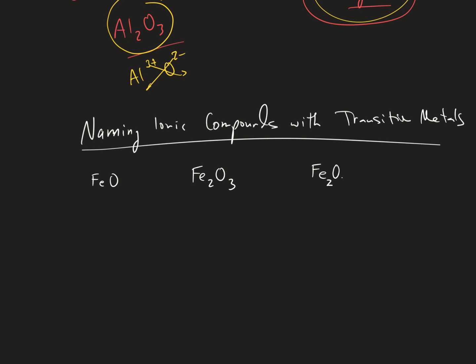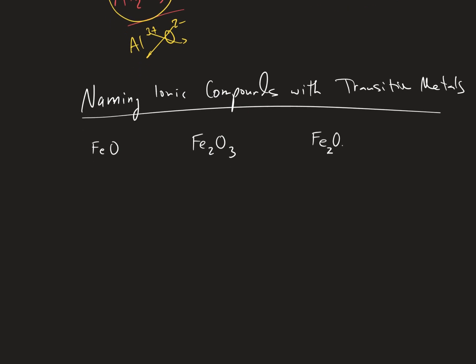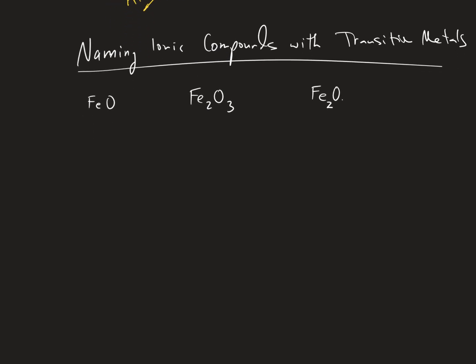So here's what we got to do. First step, I'm going to leave some room so I can do those in just a minute. Step one is to determine the charge of the cation. In fact, do we need to practice some of those others real quick, or how we feeling?